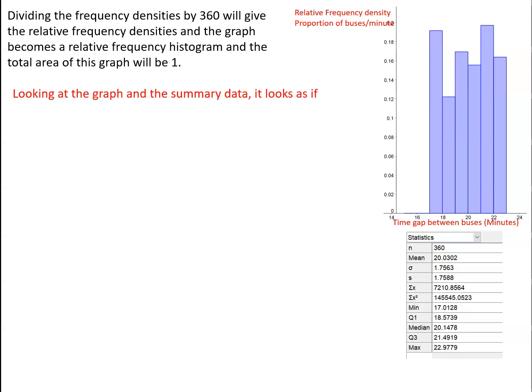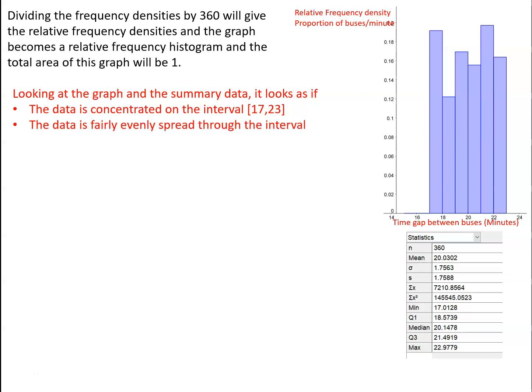Now looking at the graph and at the summary data, it looks as if, first of all, the data is concentrated on the interval from 17 up to 23. That the data is fairly evenly spread through the interval. And the data looks as if it could be symmetrically distributed about the midpoint of the interval, which is 20 minutes.